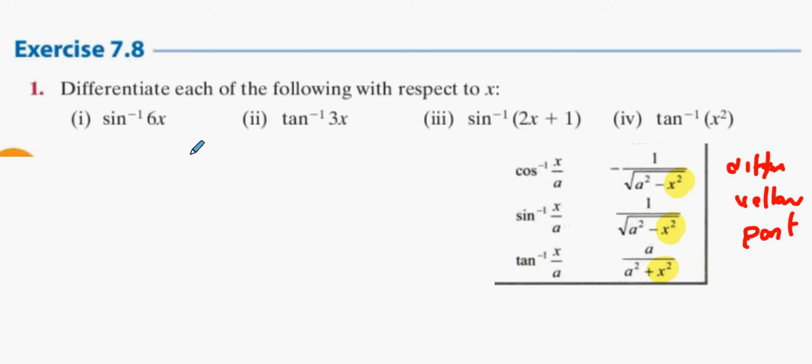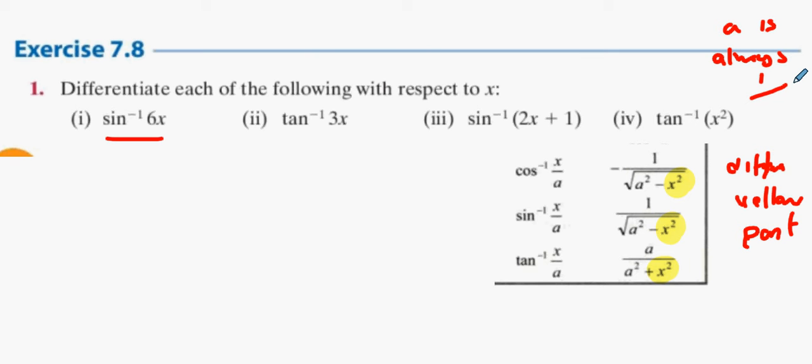In the case of sine inverse 6x, okay. Oh, and there's also that other thing: A is always 1. If you set A always equal to 1, then this will work every time.